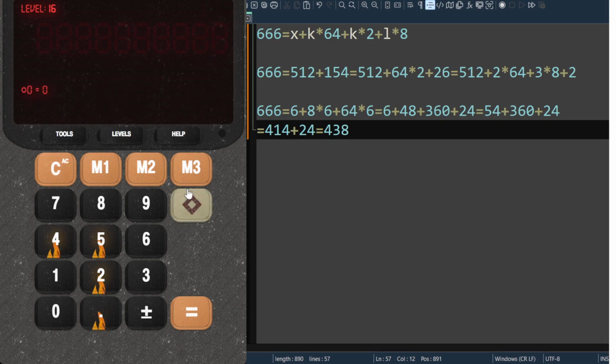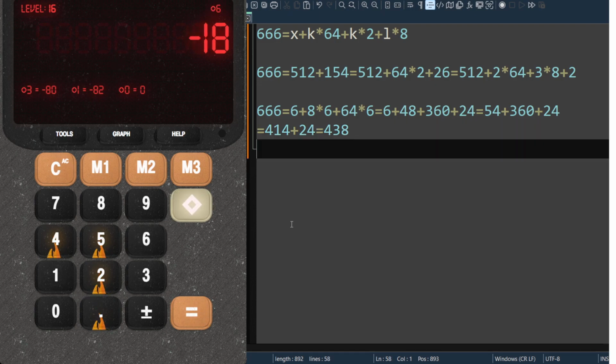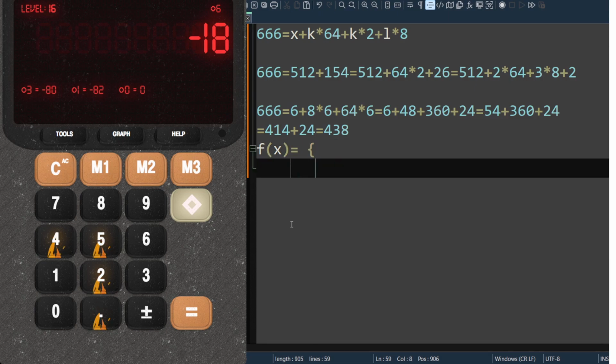So we know that our next function has an output of 0 at 0. We already know this function, right? At 3 it should be minus 80. At 6 it should be minus 18. Yeah, it's okay. This one is pretty simple. It was f of x equals, we have a division of the number being odd or even.